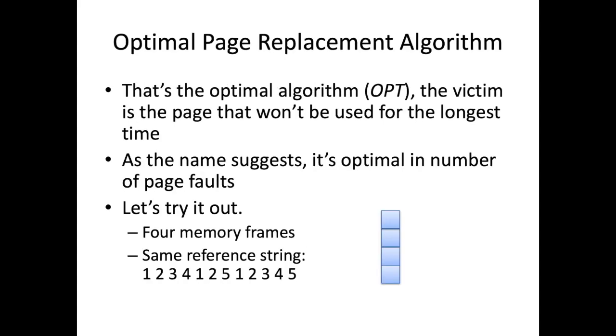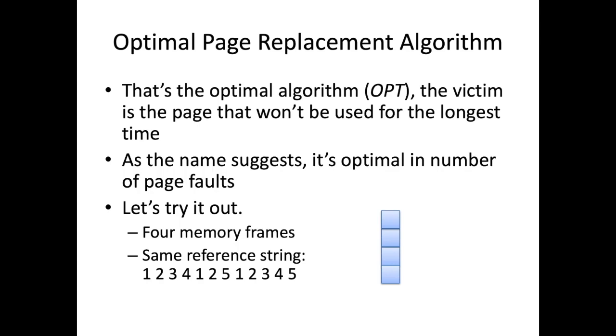And we're not the first people to think of this. In fact, the algorithm for doing this is called the optimal algorithm. We'll just call it the optimal page replacement algorithm, or abbreviate it as OPT. And it's called that because it is guaranteed to give you the fewest page faults for any reference string.